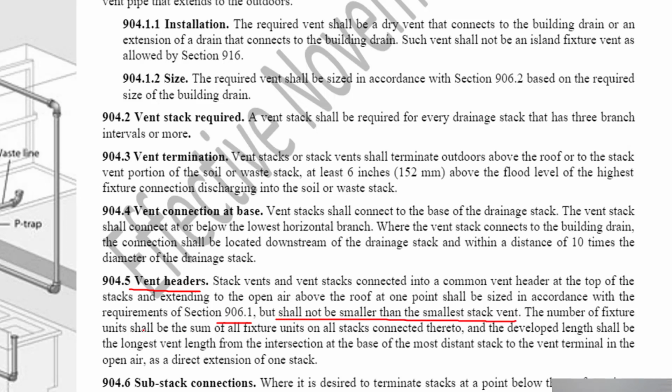The number of fixture units shall be the sum of all fixture units on all stacks connected thereto, and the developed length shall be the longest vent length from the intersection at the base of the most distant stack to the vent terminal in the open air as a direct extension of one stack.